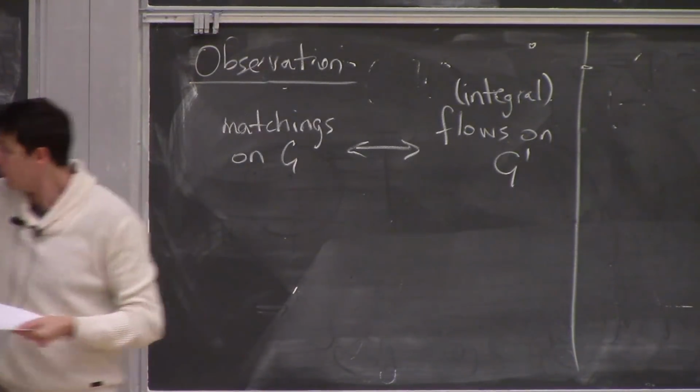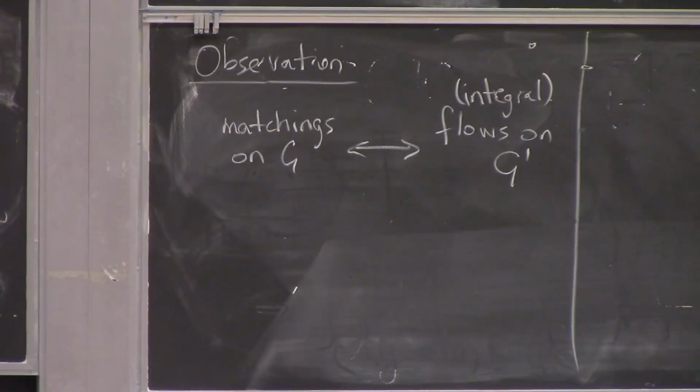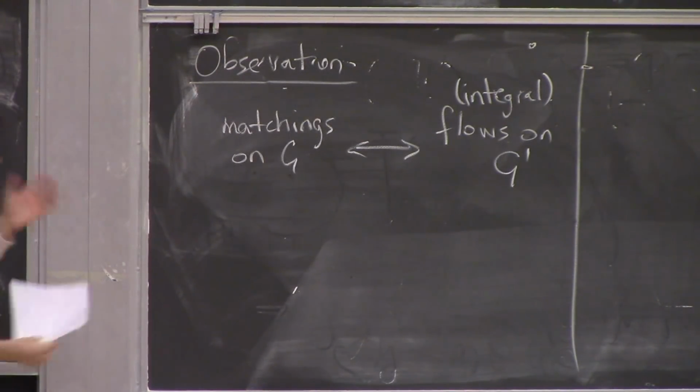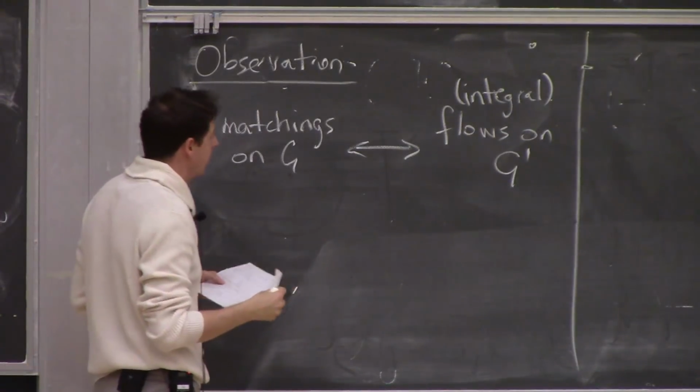If I have a matching here, for example, this one here, that's a matching for this thing, and I say I want to construct a flow for it. Okay, sure, pass a unit here, a unit there, and so on. That's an integral flow on the network, right? So matchings and integral flows are kind of the same thing, okay?